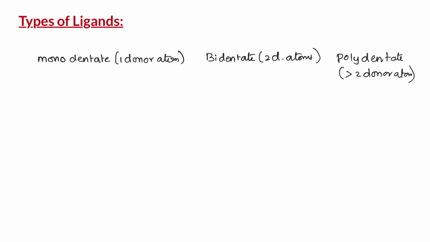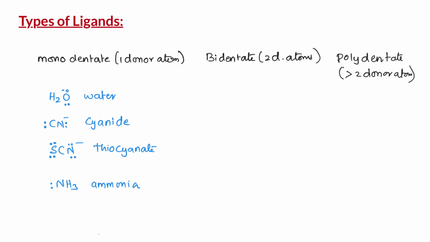Let us see some examples of monodentate ligands: water, CN-, SCN-, NH3, Cl-, etc. Notice that all the ligands have a lone pair or non-bonding electron pair that can be donated.